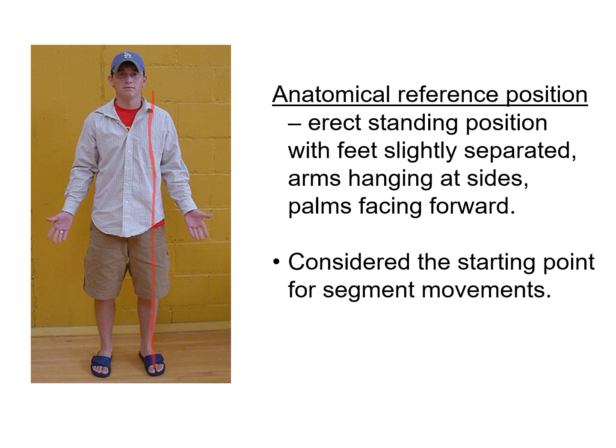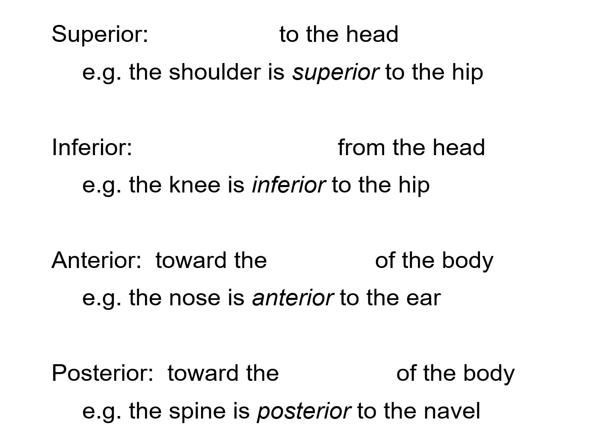We consider this a starting point for our movements, especially for movements of different segments, okay? So whenever we're saying something is flexing, it's flexing from this point. If it's in extension, it's in extension from this starting point.